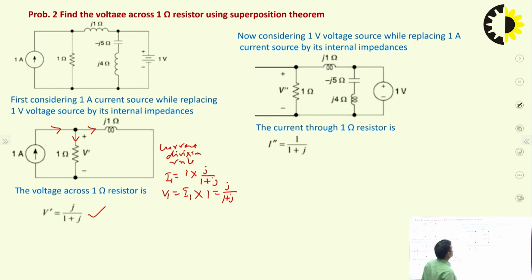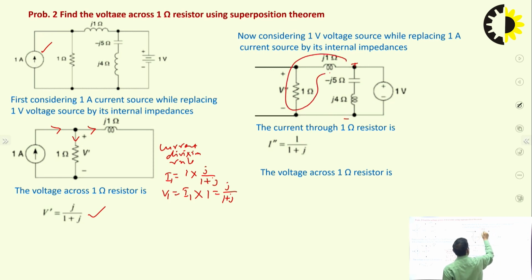Now come to here. Now the 1 volt voltage source is acting while the 1 ampere current source is replaced by its internal impedance. This current source is ideal in nature, so it has infinite internal resistance. So it looks like an open circuit. This point here is plus and there is minus, so this whole voltage source is applied across this.